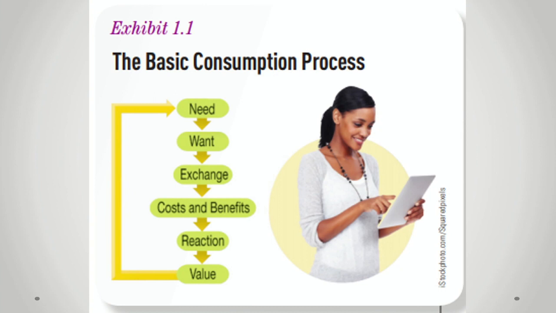I kind of looked at both, did some research on both instruments, looked at the cost and the benefits, and then I'm going to have a reaction to the information, and then I'm going to make a decision on what is valuable to me, because when I determine what is valuable to me, that is when I'm going to be willing to spend the money that I earn from my job to buy it. Okay? So this is just the basic consumption process.